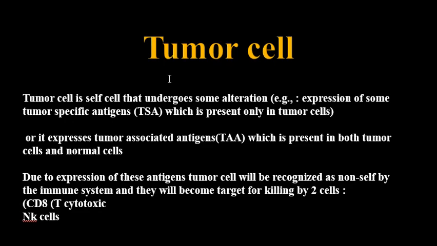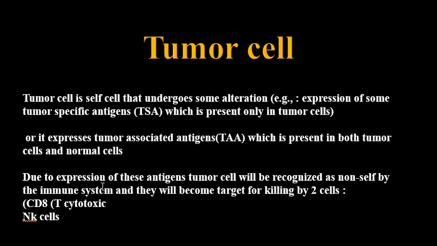So, a tumor cell is a self cell. I mean by self, it is not a foreign cell, but one that undergoes some alteration. For example, expression of some tumor specific antigens, which are present only in tumor cells, or it expresses tumor associated antigens, which are present in both tumor cells and normal cells.